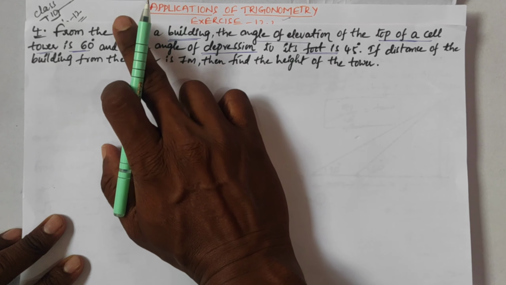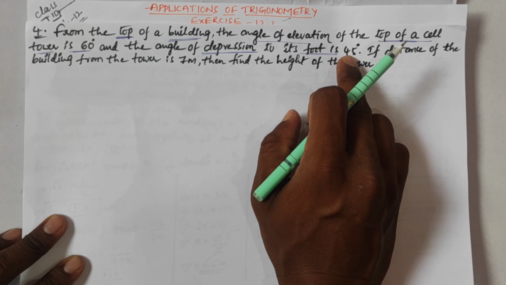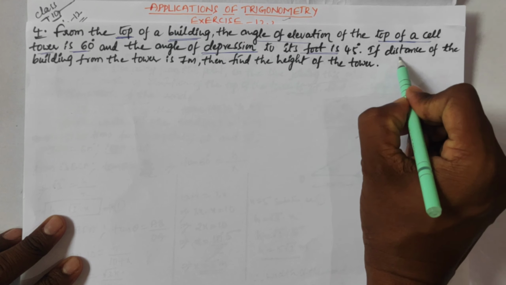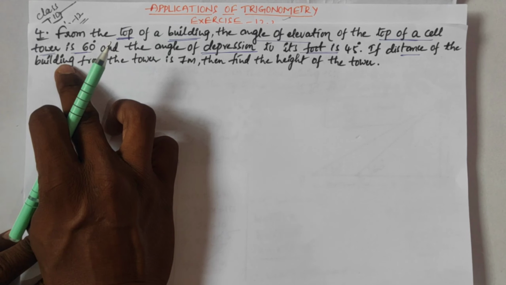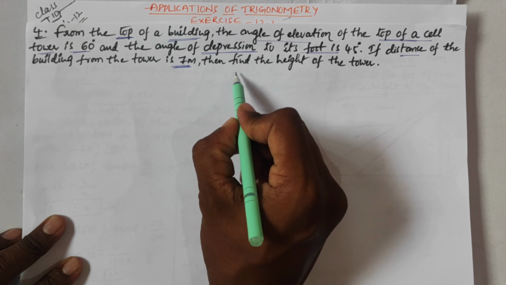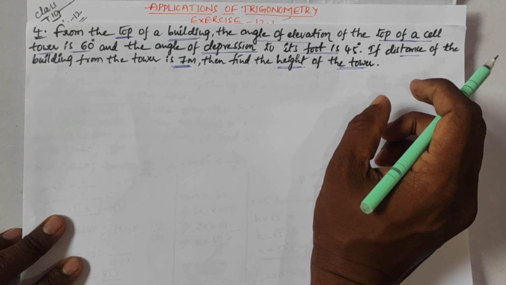That means, again from the top of the building only, the angle of depression is 45 degrees, right? And the distance between the building and the tower is given as 7 meters. Then find the height of the tower. We have to find the height of the tower.